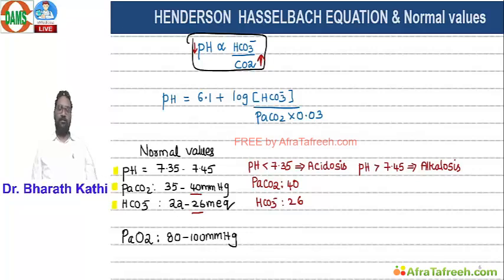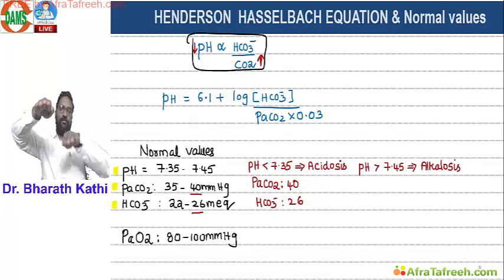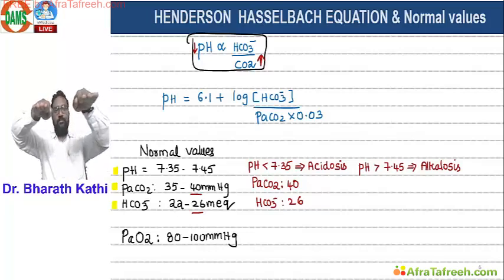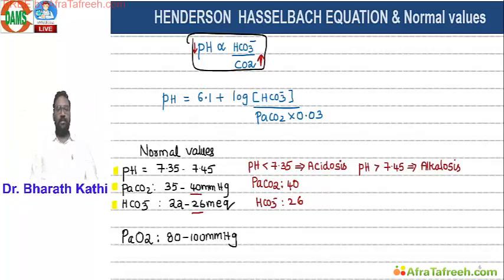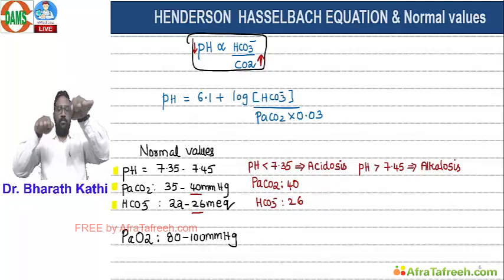In very simple words, if primary issue is increase in CO2, it is called as respiratory acidosis. How will your body fight? By increasing bicarbonate, metabolic alkalosis. In the same way, if primary issue is increase in bicarbonate, metabolic alkalosis, how your body will fight?